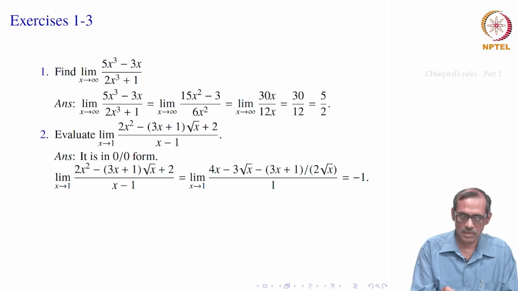So, we take the derivative of the numerator which is 2x square gives 4x and plus 2 of course gives 0, this one only it is in f by g form, right, derivative of a ratio.